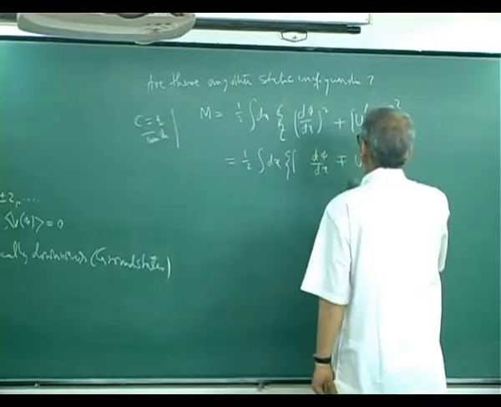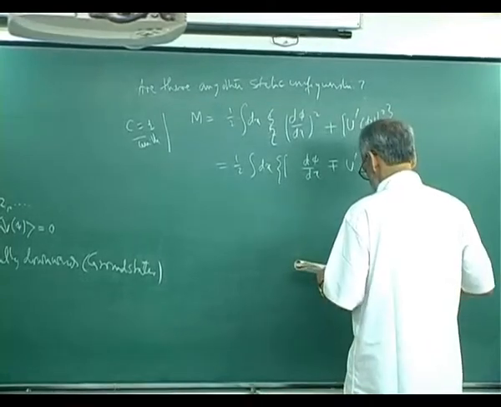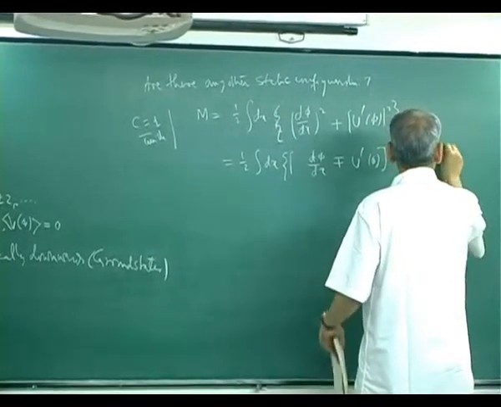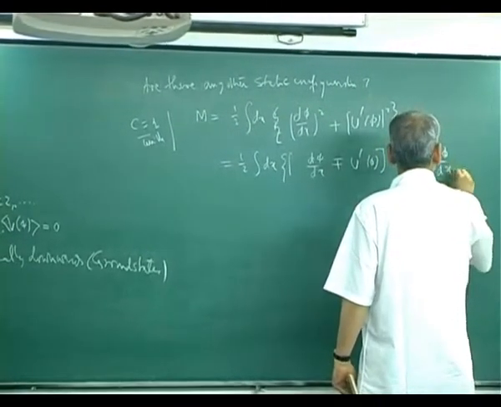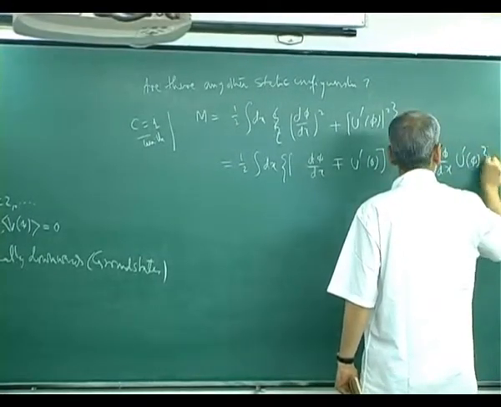And then from this whole square, in order to get this, we subtract the term which is twice d phi by dx times U'(phi).